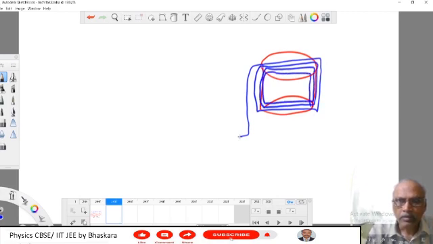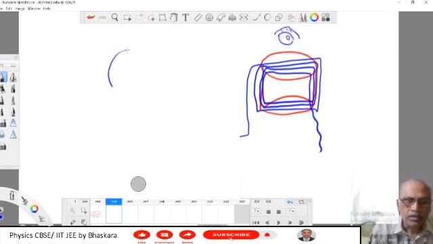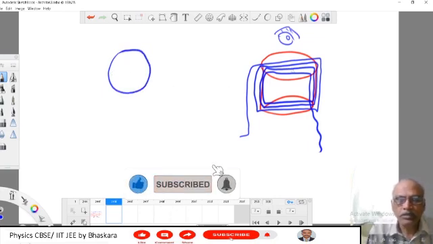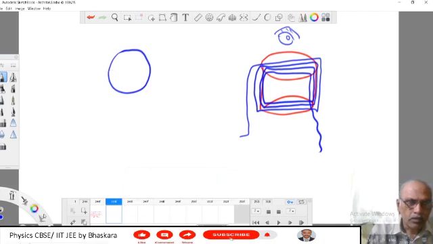Several times it is wound like this. From the top, the cross section of the cylindrical piece is a circle, and the windings are given like this: one winding, second, third.